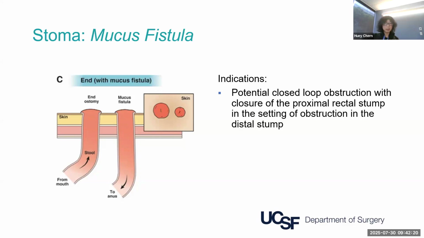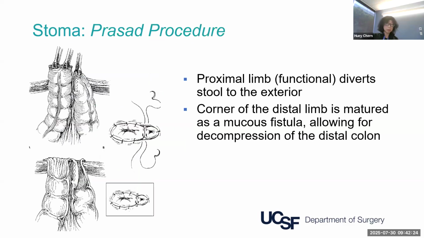Sometimes instead of creating a separate hole to mature this mucus fistula, we bring it through the same hole. We would mature the proximal end as we typically do, but also vent or mature a little corner of that distal end, just so that we can avoid a closed loop bowel obstruction.